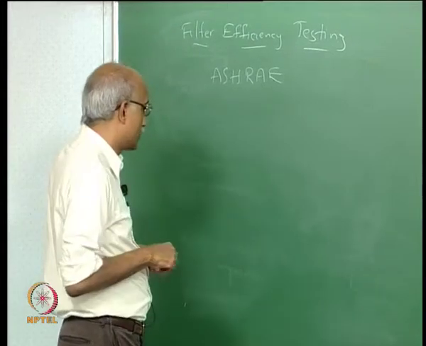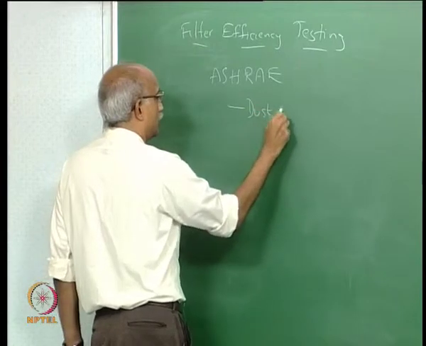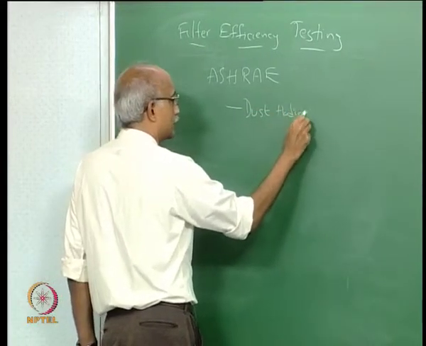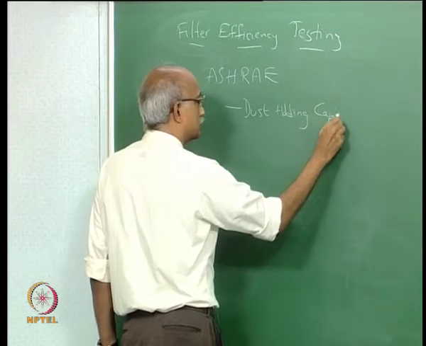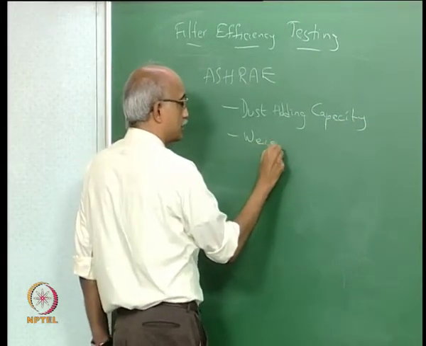So some of the methods that ASHRAE has defined, the first one is called the dust holding capacity. And a related test is weight arrestance.